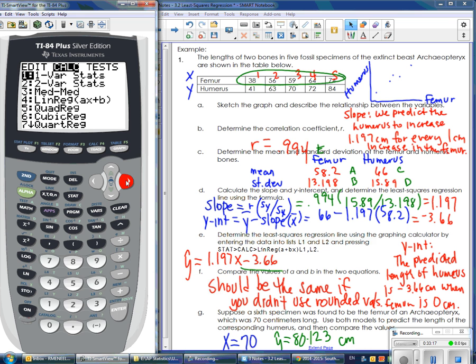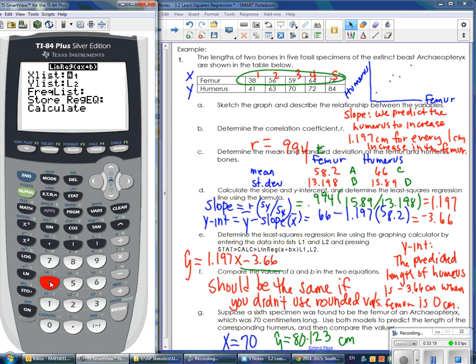If I do linear regression here, I'll use option 4, and I'll just use the data that's currently in my list 1 and list 2. When I press enter, it just gives me my slope and y-intercept. The calculator will calculate the correlation coefficient for you. There's no separate command, unfortunately, like there is with standard deviation or mean. But if you're doing regression, the calculator will report the correlation coefficient.